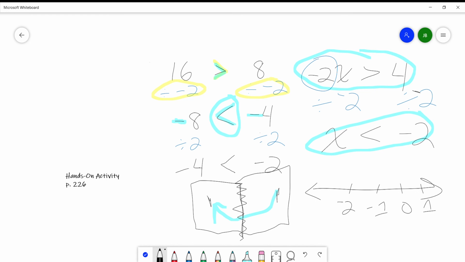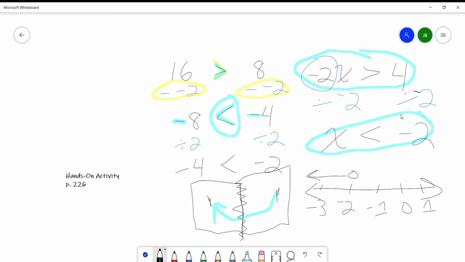So for this solution set, I say x is less than -2. We'll put -3 on this graph too.